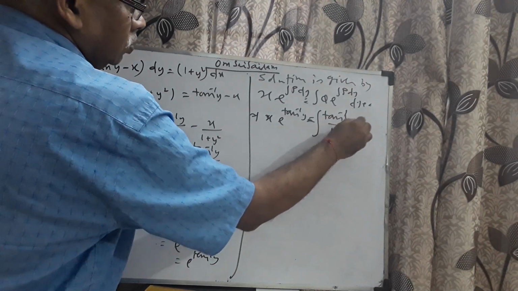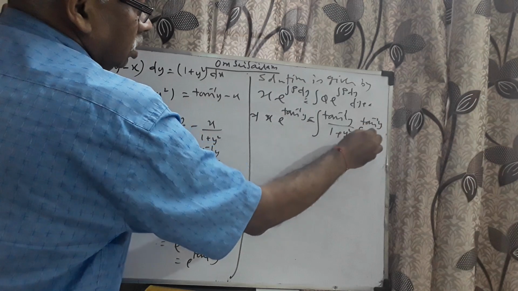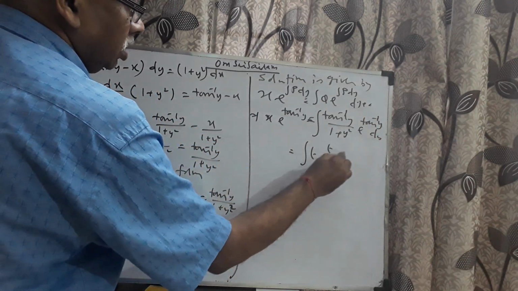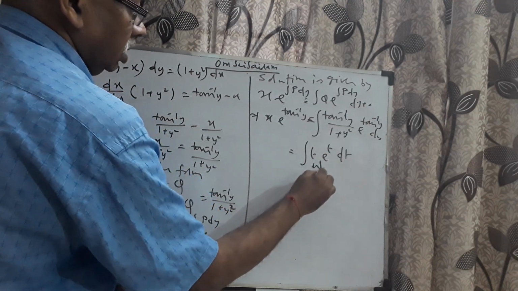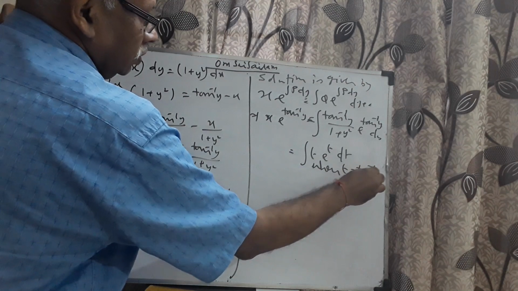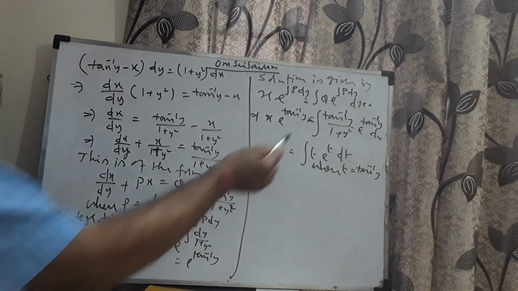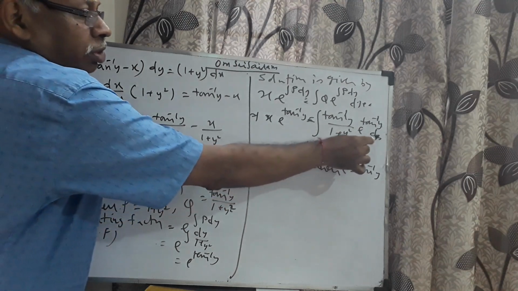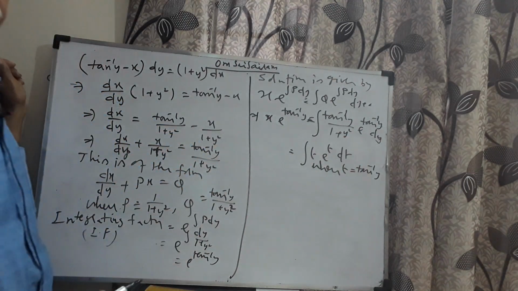into e power tan inverse y dy, can be written as integral t e power t dt, where my t is tan inverse y. See here, if I replace tan inverse y by t, this becomes t, this becomes e power t, dy by 1 plus y square is nothing but dt.